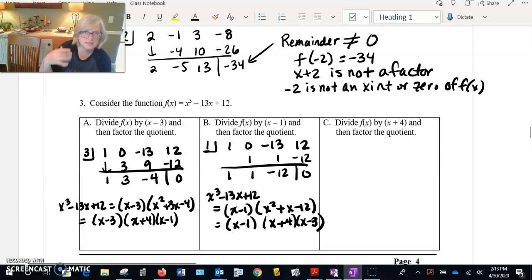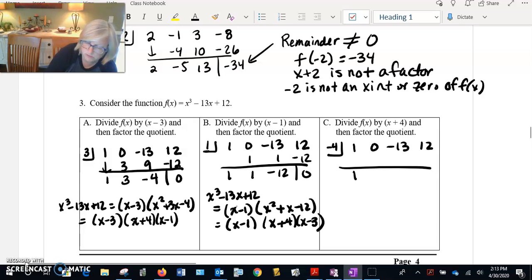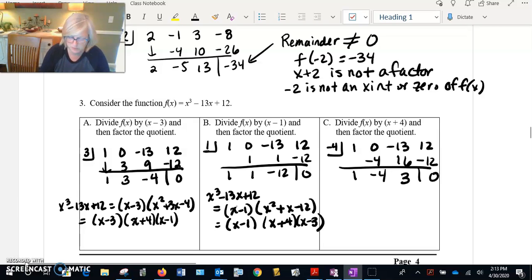And so that ties into this idea of repeated factoring that we have. And then just to really beat the dead horse, let's do it one more time. We have 1, 0, negative 13, 12. It's a good thing synthetic division is pretty fast, because it really is a quick way of dividing. And as long as you just remember, drop, multiply, add, multiply, add, multiply, add, you'll be fine.